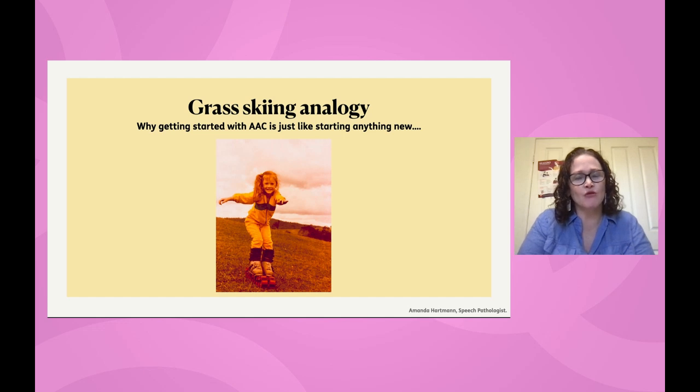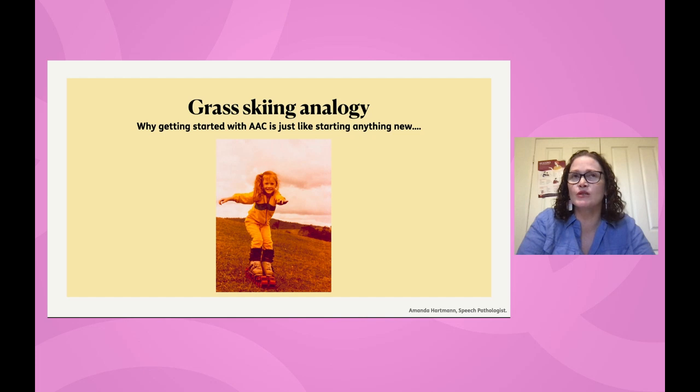I'm going to start with a grass skiing analogy. My parents grew up in New Zealand as skiers, and when we moved to Australia in the 80s, as you can probably tell by my fashion sense in my yellow velour tracksuit here, my family found this really cool thing out the back of Brisbane where you could go grass skiing.